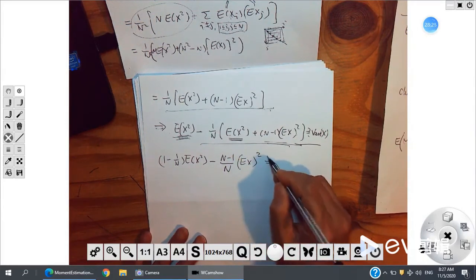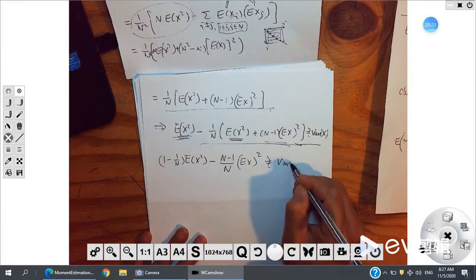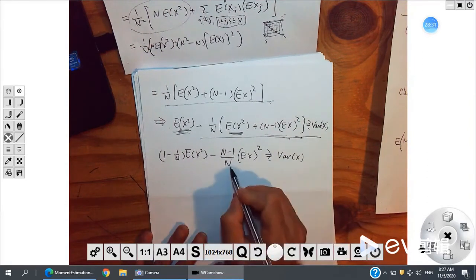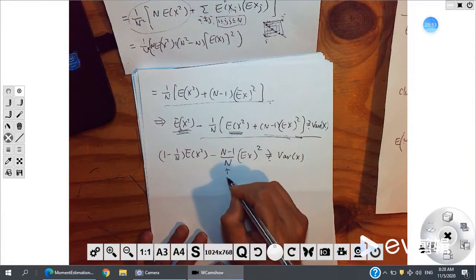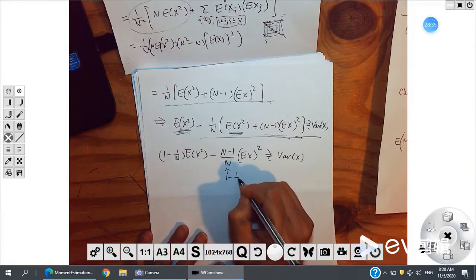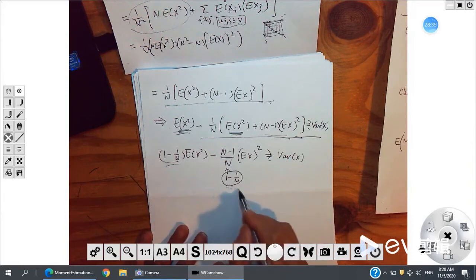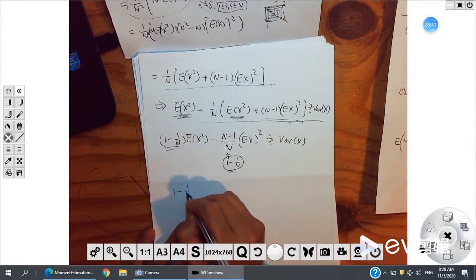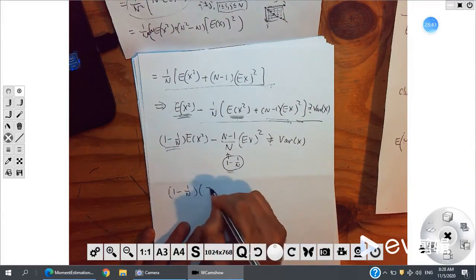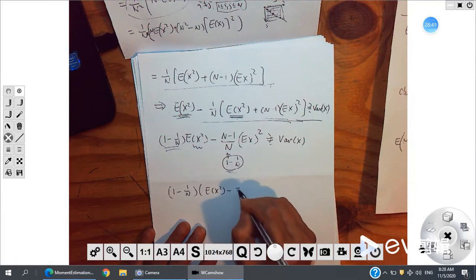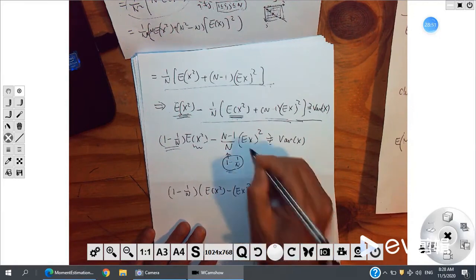I want to see whether they are the same. I think this is different, you have an n here. What is it? This is just 1 minus 1 over n. So both have this constant, so I have 1 minus 1 over n times E of x squared, minus E of x squared.